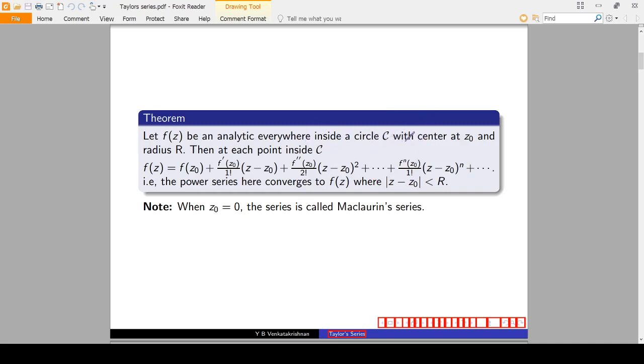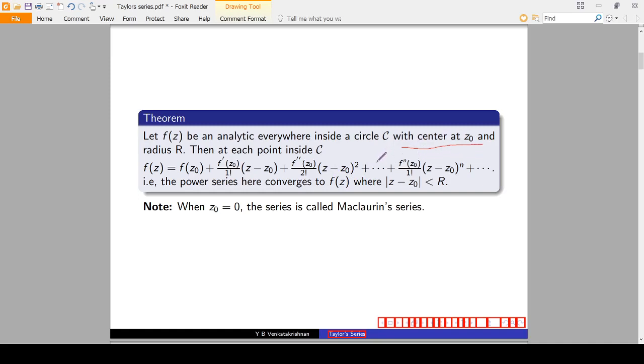If the function f of z is analytic at all points inside a contour C with center z0 and radius r, then we can expand f of z in terms of f of z0 plus f dash of z0 by factorial 1 into z minus z0, plus f double dash of z0 by factorial 2 into z minus z0 whole square, plus so on.